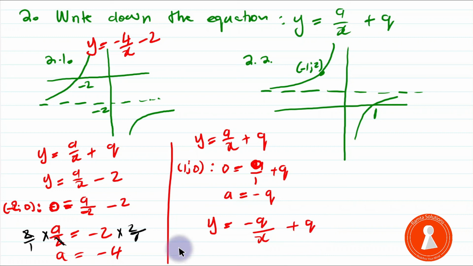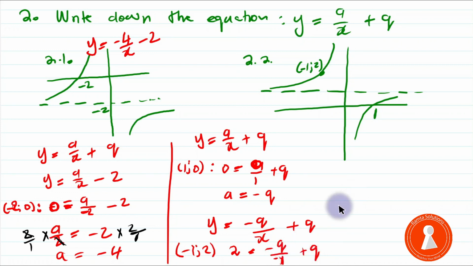But now we have another point. We will use another point. That point is -1 and 2. Again, where there's x we put -1, where there's y we put 2. So 2 equals -q over -1 plus q, right?